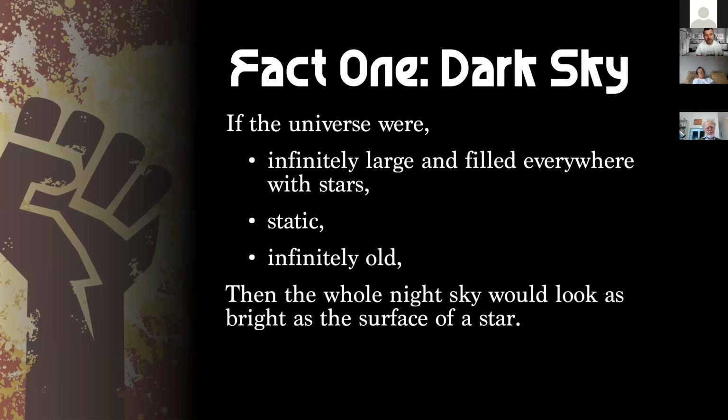If the universe was infinitely large and filled with stars, static and infinitely old, then the entire night sky should look as bright as the surface of a star. So that tells us that at least one of these assumptions must be wrong. Okay, this is not a good model of the universe because it would predict that the night sky would be infinitely bright. We see it as dark. So something here is wrong.